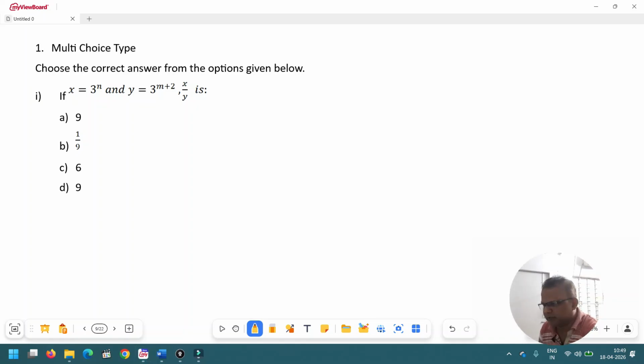Multiple choice type. Choose the correct answer from the options given below. If x is equal to 3 power n and y is equal to 3 power m plus 2, then find x by y. x by y is equal to 3 power n by 3 power m plus 2.